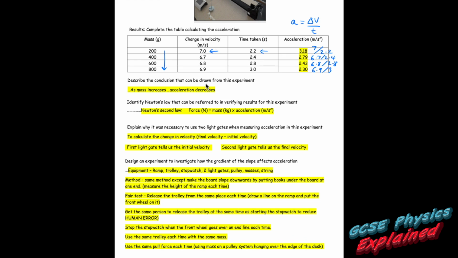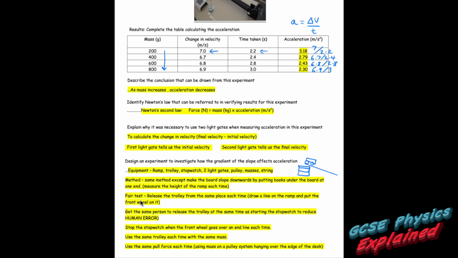Use the same method as how they've done it there, but make the board slope downwards by putting books under the board at one end. So for example, they just had the ramp in a straight line. What we need to do is make the ramp by propping it up at one side with, let's say, some books, and then you're going to let the trolley just roll down like that.